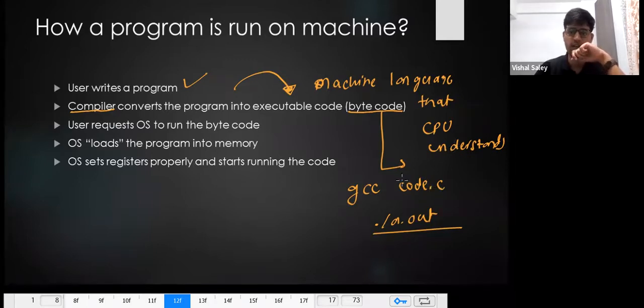When you run ./a.out, you request the operating system to run this particular byte code or executable file. Is this understood?